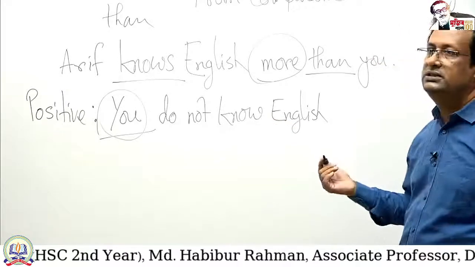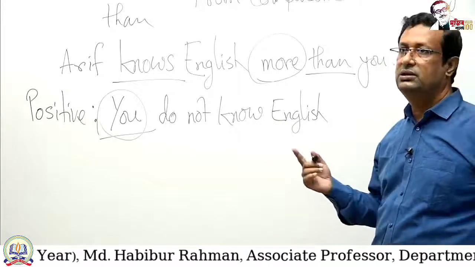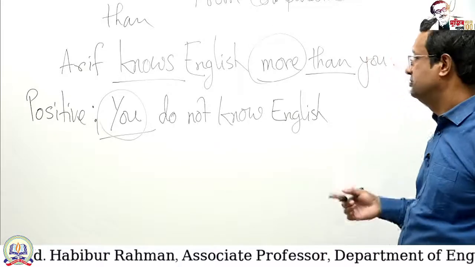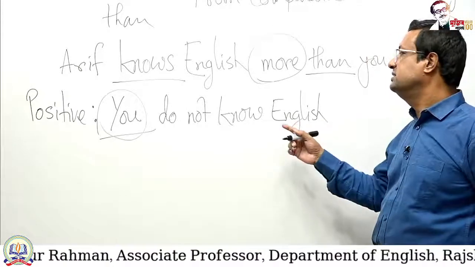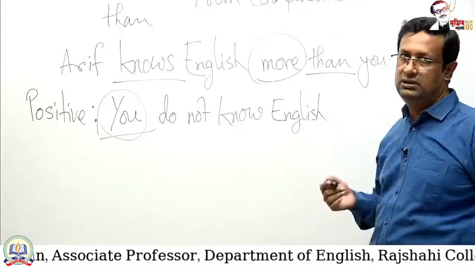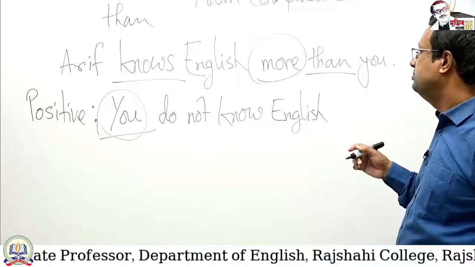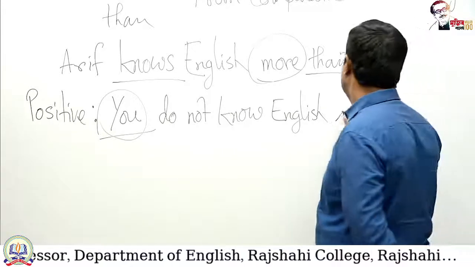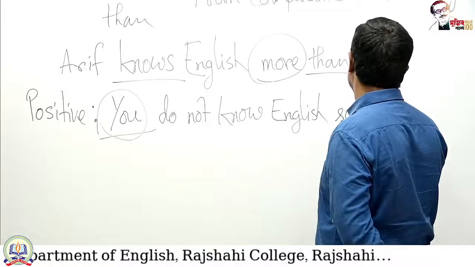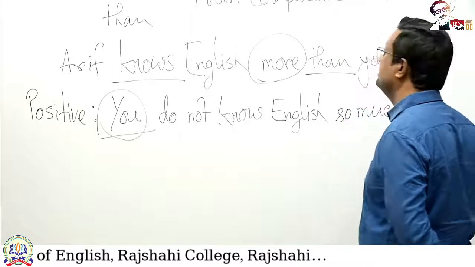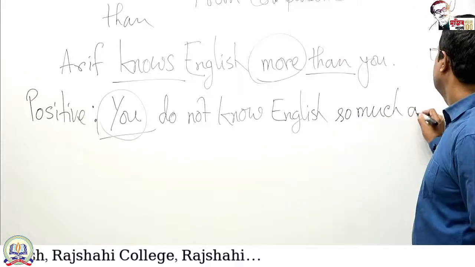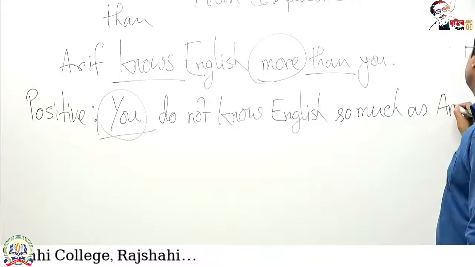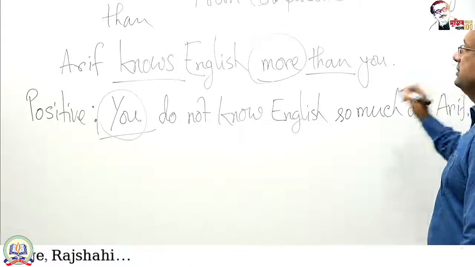When you can count, this is many. When you can't count, this is much. Here we can't count. This is uncountable. That is why we will use much. So much as you do not know English, so much as Arif. Okay.